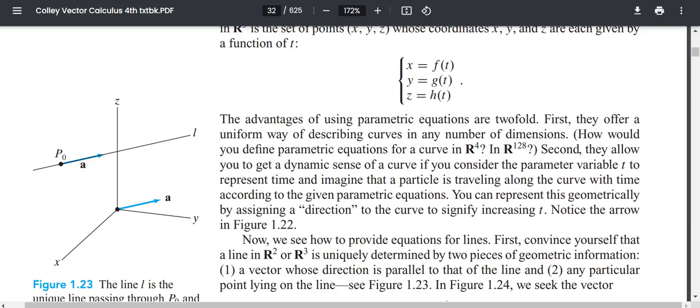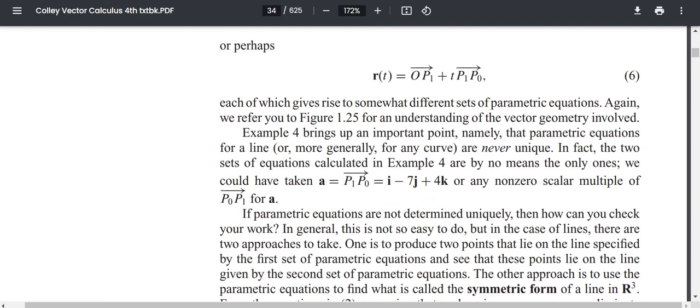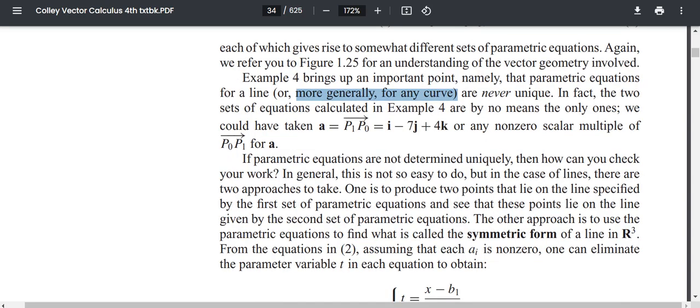So that's an important point, that the equations that we get are not unique. We could get different equations for the same line or for the same curve. So she said, well, how can you be sure that if you get one set of equations or another set that you're referring to the same line?